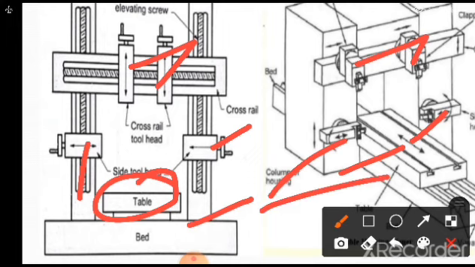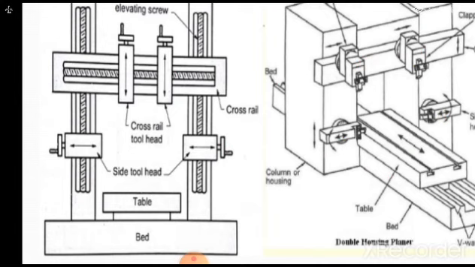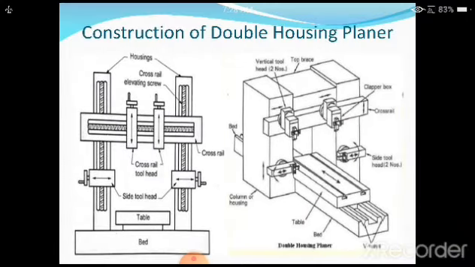You can see that the length of the bed extends from here to here, all the way to the end. That means it is almost double the length of the table. So this is how the construction of the double housing planer is.